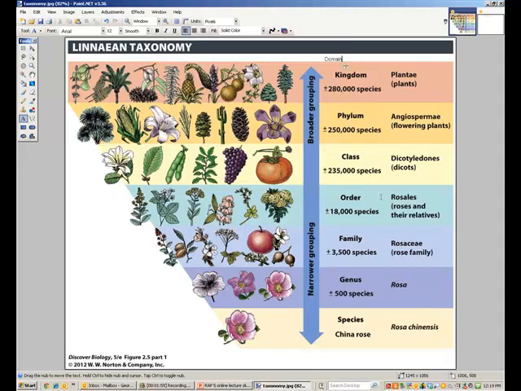Okay, so how do we know who's in which genus and who's in which class? Well, there's a couple of specifications that are used to determine, for instance, which phylum something is in. So one of the things historically that's been used is morphology, and morphology is basically what it looks like.